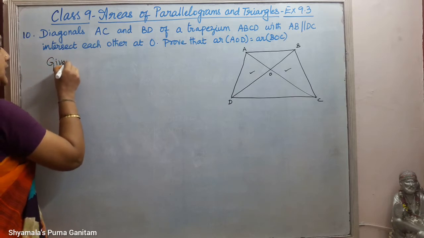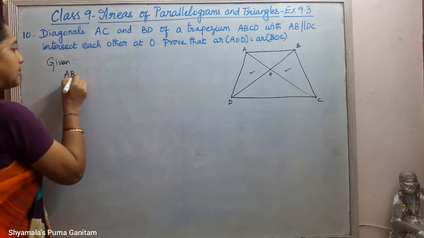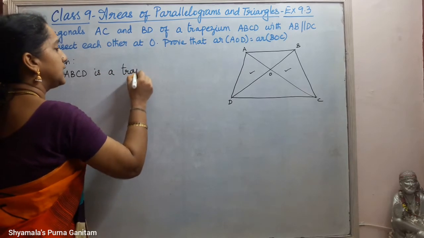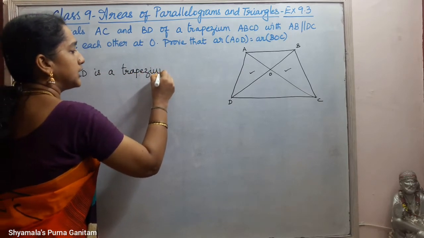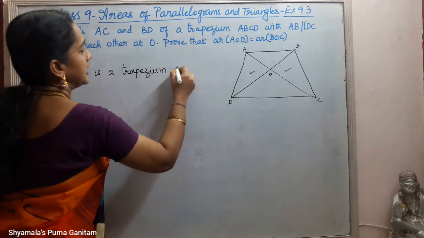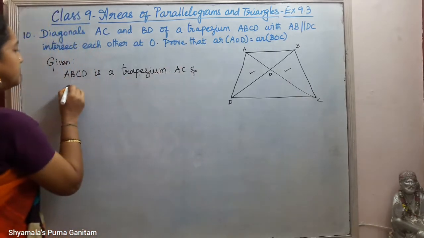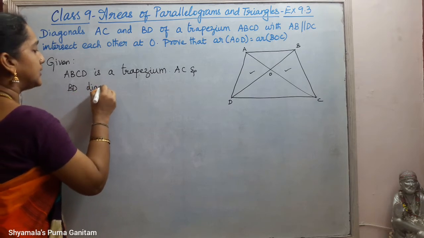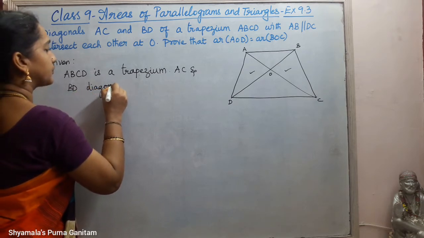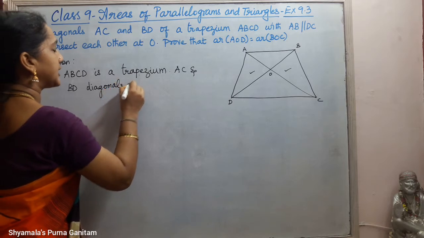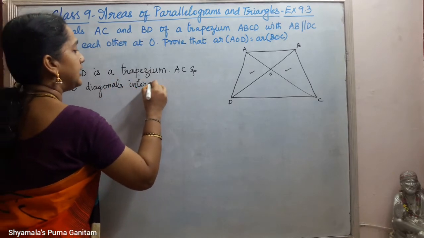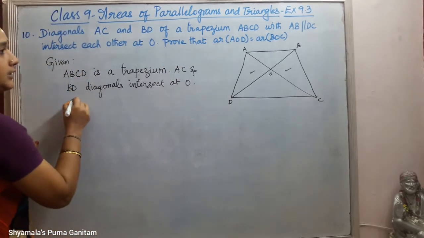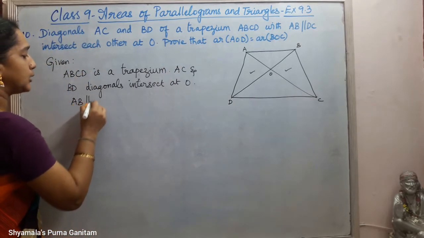Given: ABCD is a trapezium. AC and BD diagonals intersect at O. And AB parallel to DC.